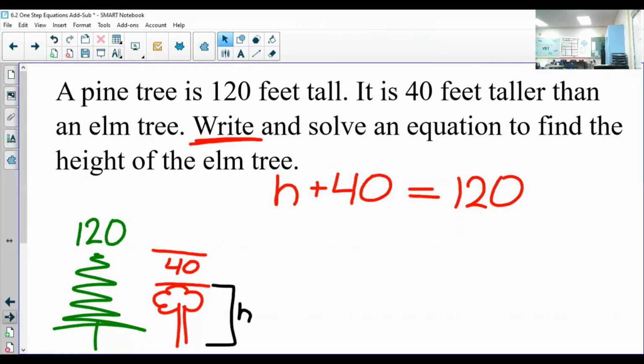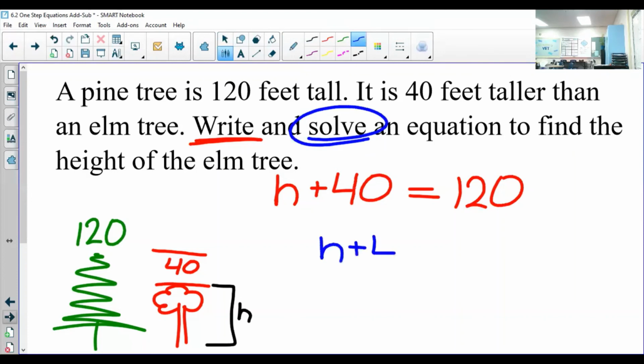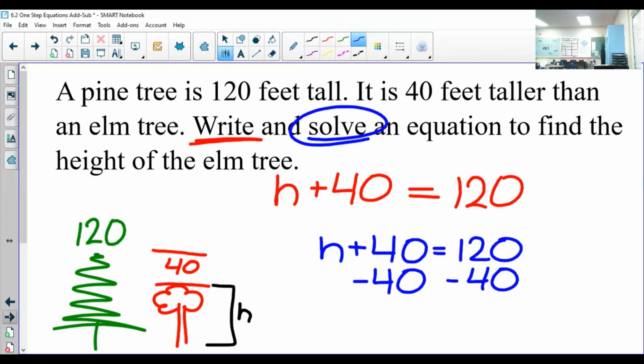So the next part of the problem says to solve. So let's solve it. We have h plus 40 equals 120. All right, what's my inverse of add? Subtract. So I'm going to minus 40 on both sides. My 40s cancel.